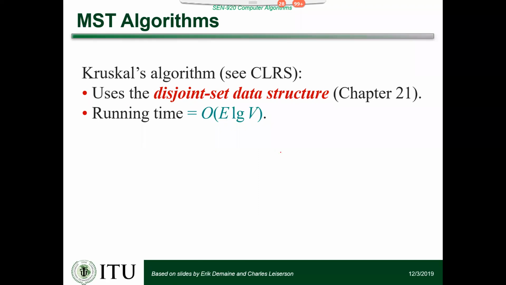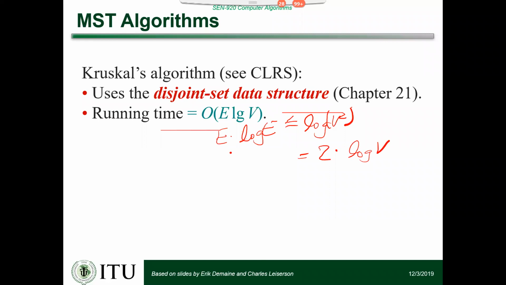So what I'm saying is log E is upper bounded by log V squared, which is equal to 2 times log V. So E times log E is E times log V. So that's the runtime of Kruskal's algorithm.